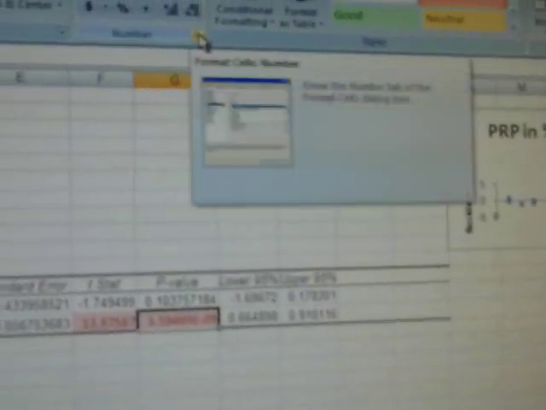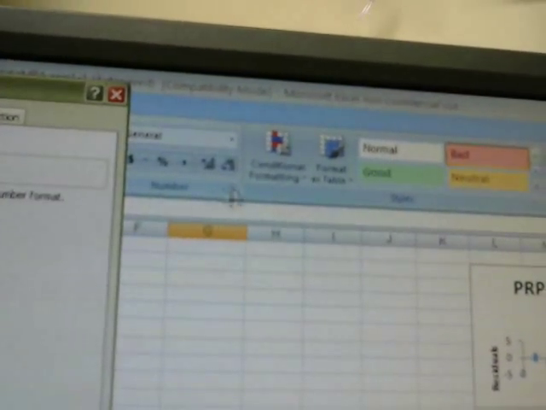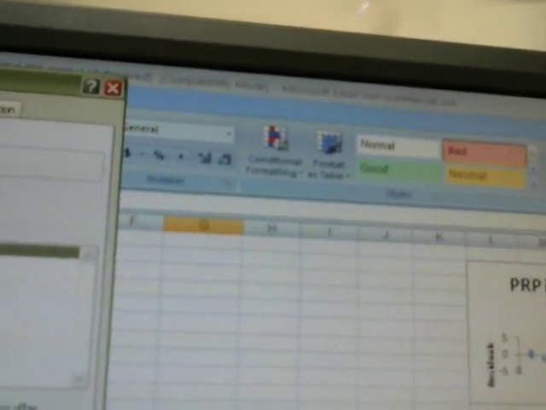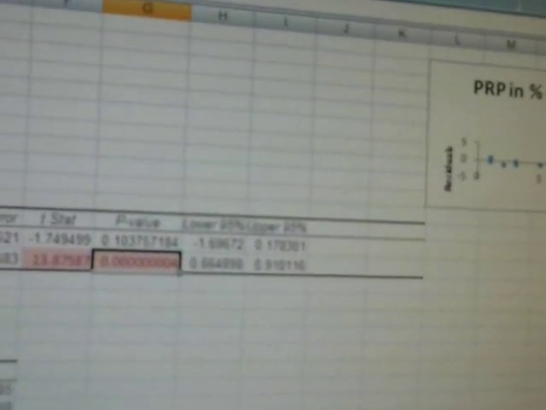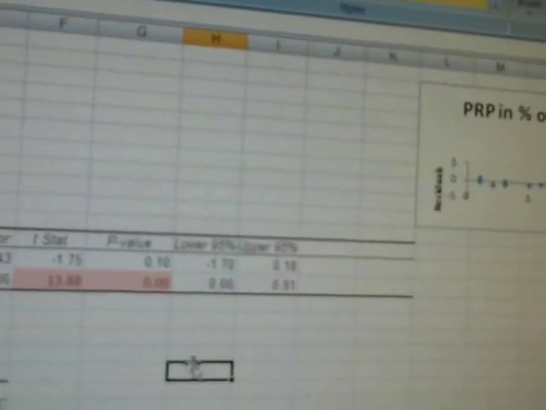Now, if you get a wonky value here with your p-value, all you have to do is go back to home, number, go to number on the side, and hit OK. And it'll turn it into a number, and then I would expand it out. Okay. As usual, highlight all your numbers. Bring them back to the second decimal point just so it's easier for you to read.